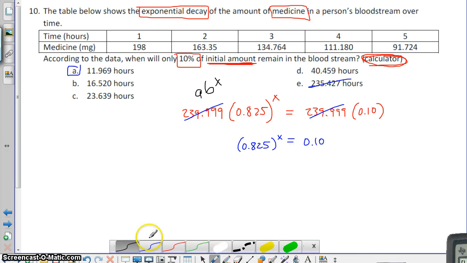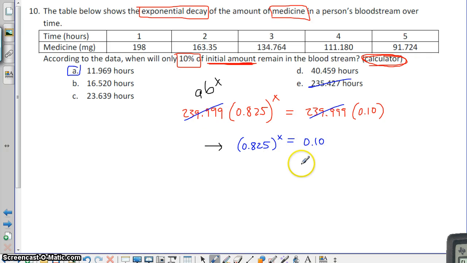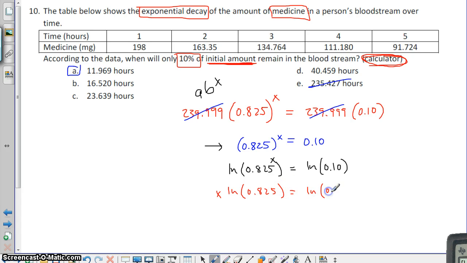Just for a little bit of log practice, if I were at this step, if I wanted to do some of this by hand, I would at this point take the log of both sides. Doesn't really matter what base you pick. At that point, you can see the x is going to come down. x natural log 0.825 equals natural log of 0.10.